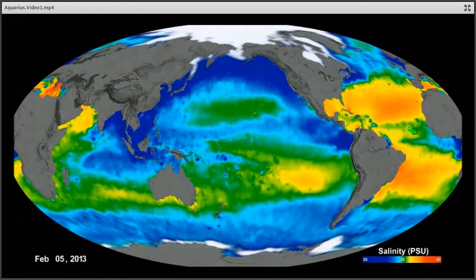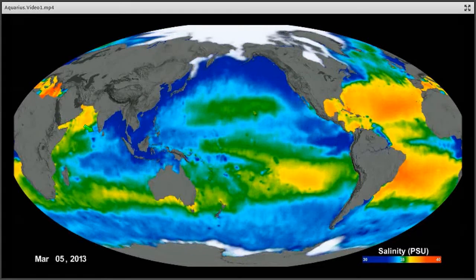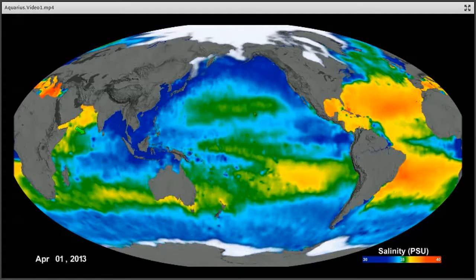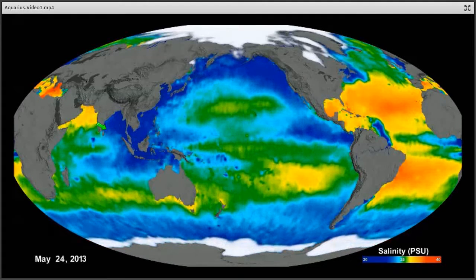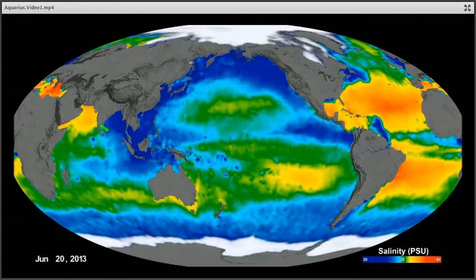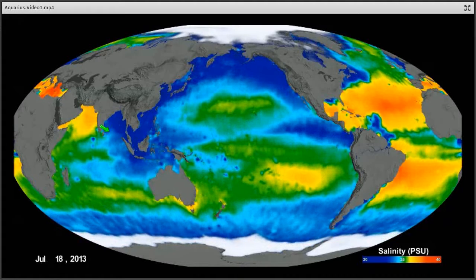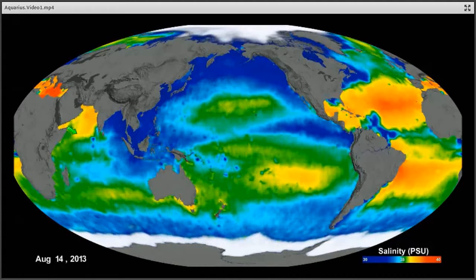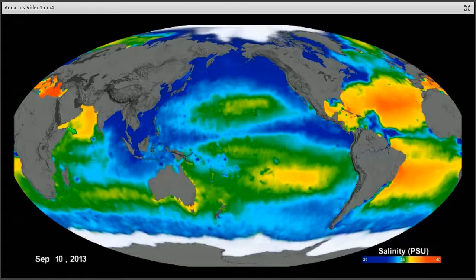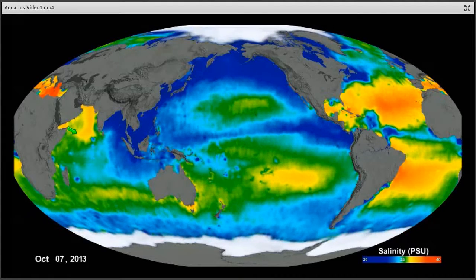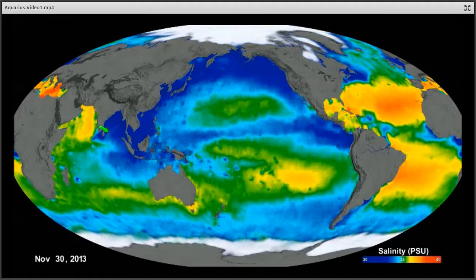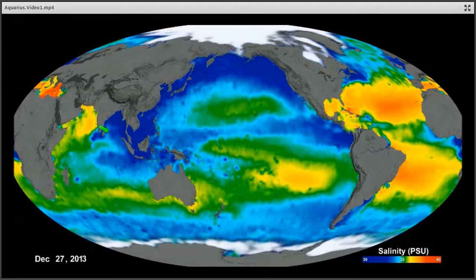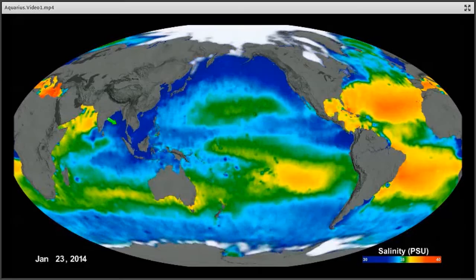Now, in the Indian Ocean, you see very dynamic salinity variability with high salinity in the Arabian Sea and low salinity in the Bay of Bengal. And that is because the Arabian Sea has warmer temperature and higher evaporation, whereas the Bay of Bengal has a large amount of river discharge from the Ganges River system.